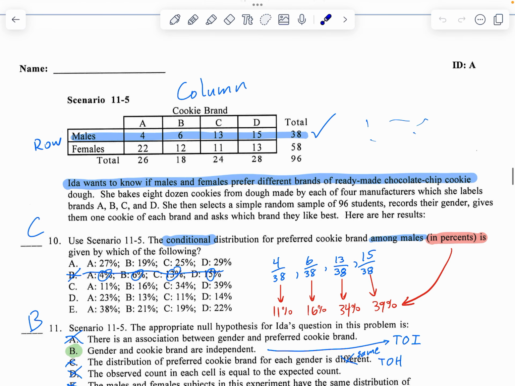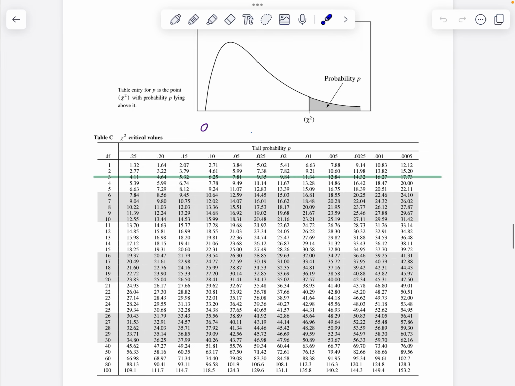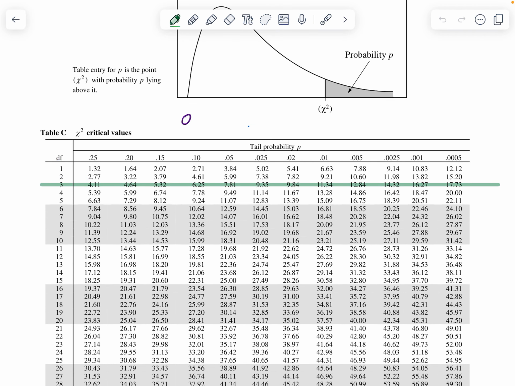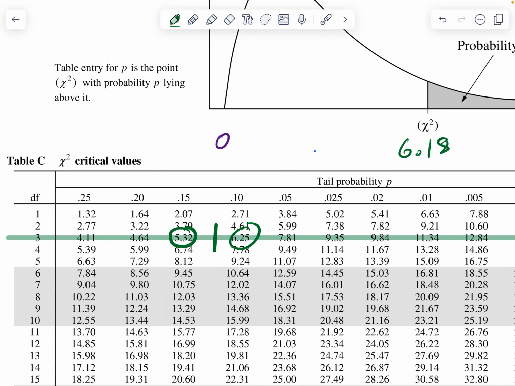So I've already highlighted row 3 for degrees of freedom, and my test statistic was 6.18 or something, roughly. So that will make me fall in between these two right here, right? Which means my p-value is between these two right there, between 10 and 15%.